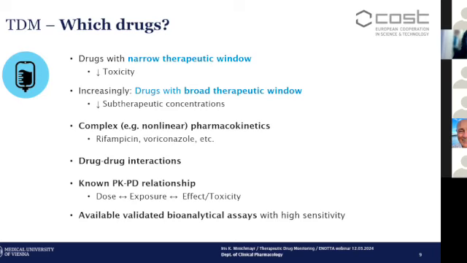Traditionally, TDM has been used for drugs with narrow therapeutic window, with the main goal to prevent toxicity, for example, nephrotoxicity in the case of aminoglycoside antibiotics. But TDM has also increasingly been employed for drugs with wide therapeutic index to prevent subtherapeutic concentrations and therapy failure. For example, beta-lactam TDM is increasingly performed in ICU patients.